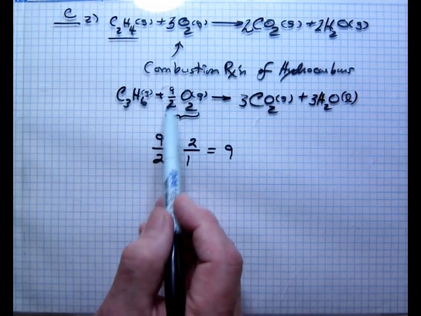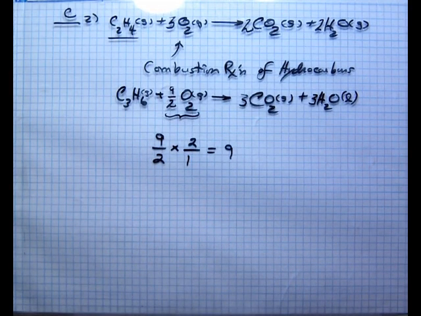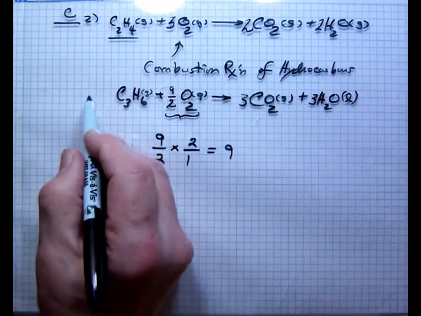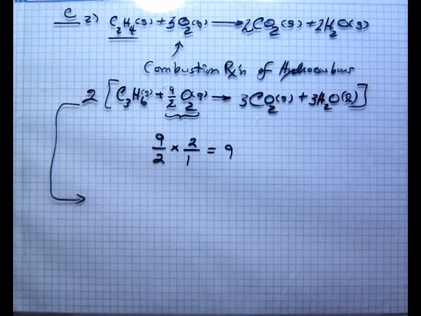And there's nothing wrong with using a fraction in balancing an equation. If you wanted to change that, multiply through by a 2. And it's the same equation in terms of the structure.